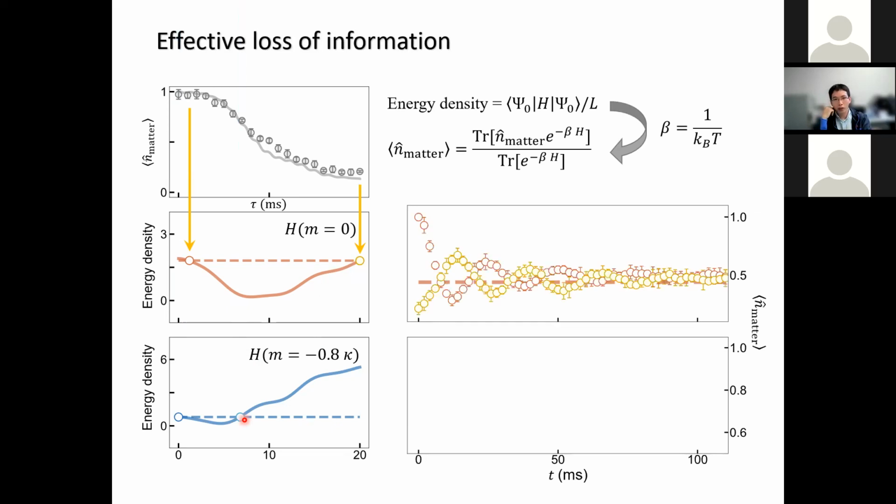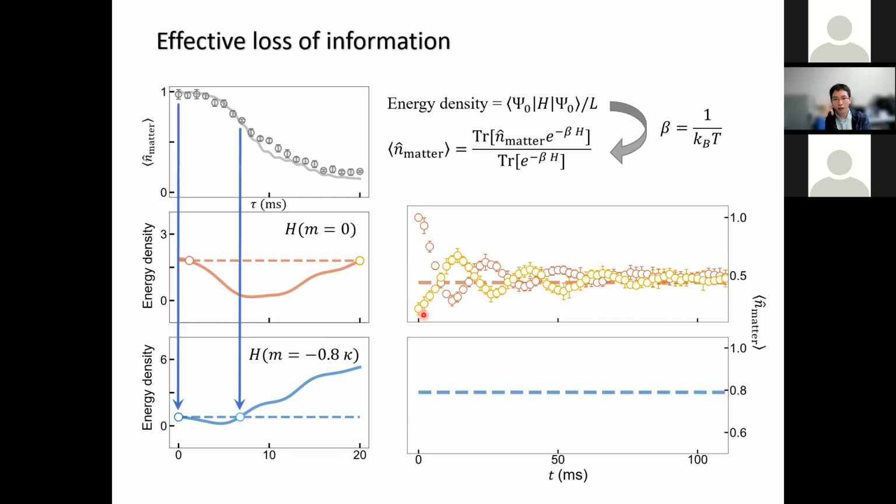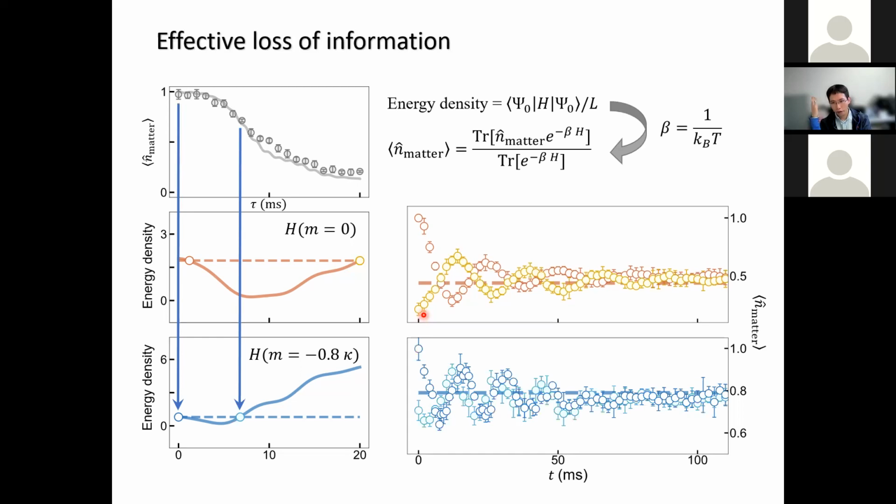And indeed, when you look at it, you take these two very different states, one is close to 1, the other is close to 0. And after just a few oscillations, you see that they go to the same plateau value and lose all the information about the initial state. And for the second case, we also see a very similar behavior.